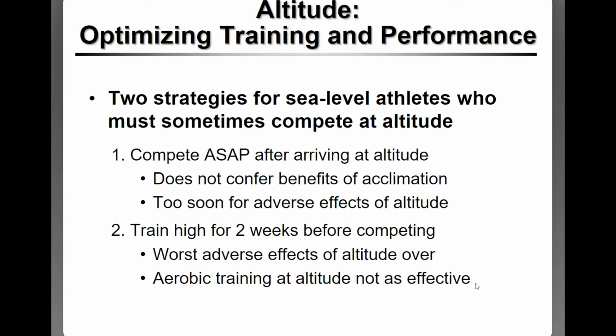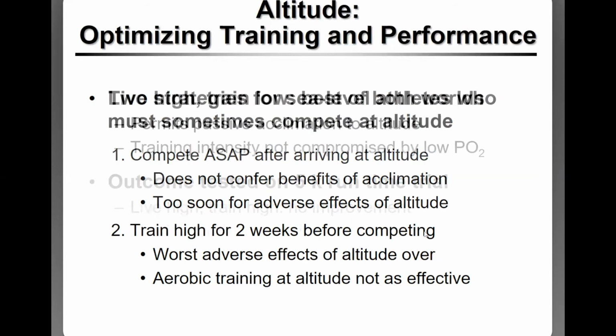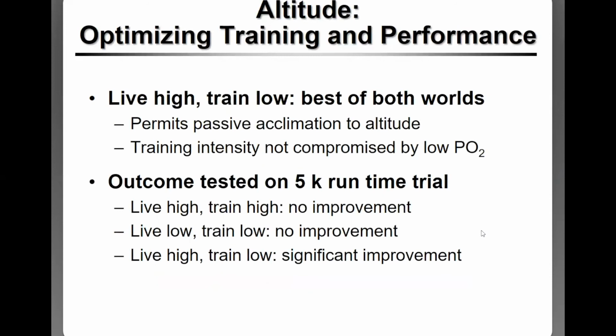So aerobic training at altitude is not going to be as effective because the subject will not be able to push themselves to the same extent at altitude versus sea level.